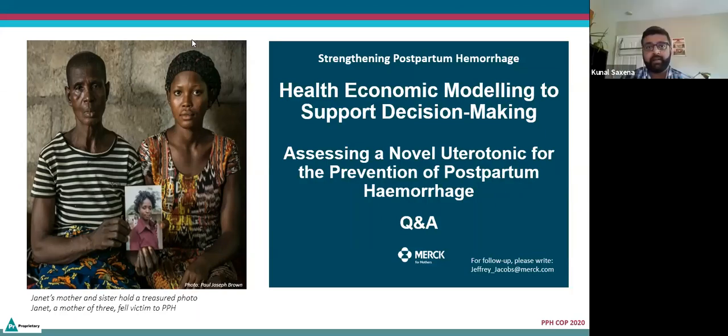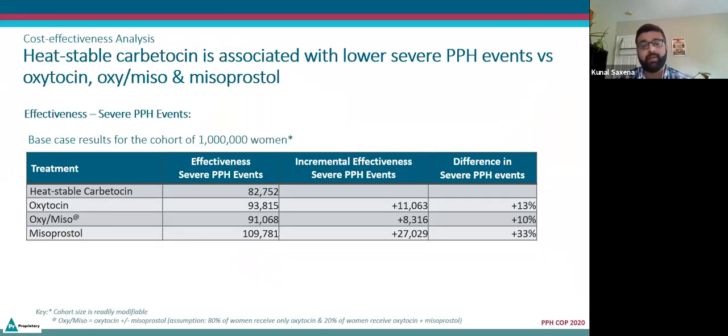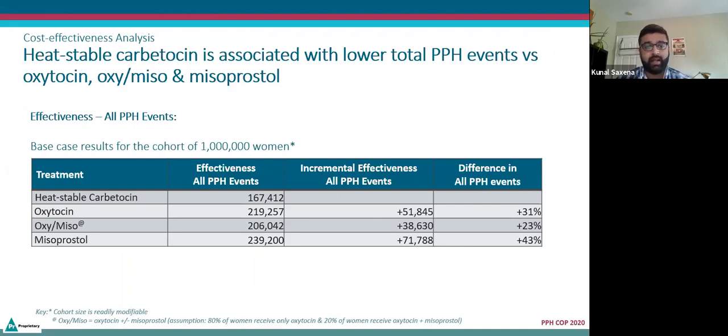In the effectiveness slide, we showed two effectiveness results. The first one was the all PPH events. The numbers on the slide for all PPH events, in the second column, are all PPH events which were observed in the women who were undergoing treatment with heat stable carbetocin, oxytocin, oxymeso, and misoprostol.